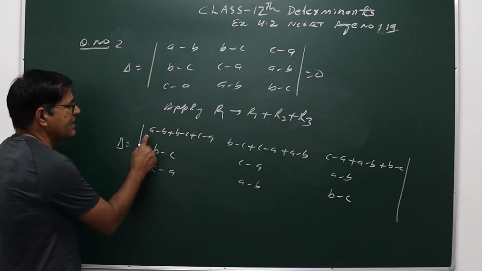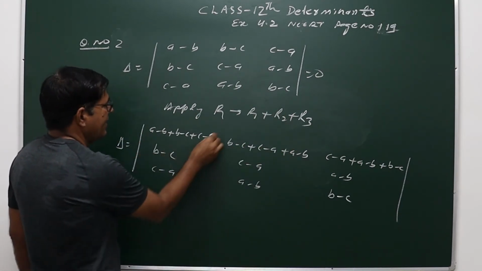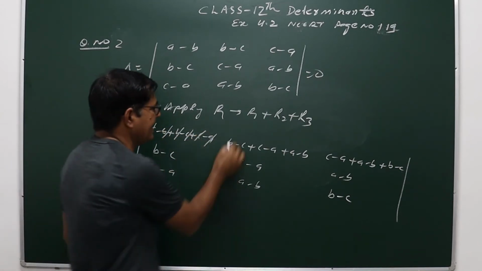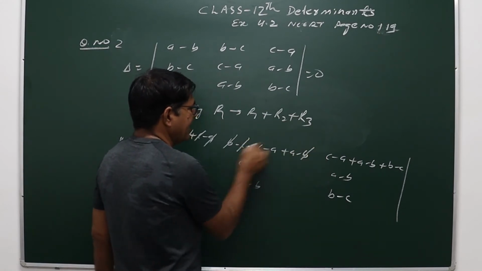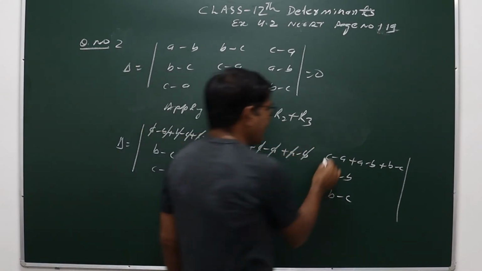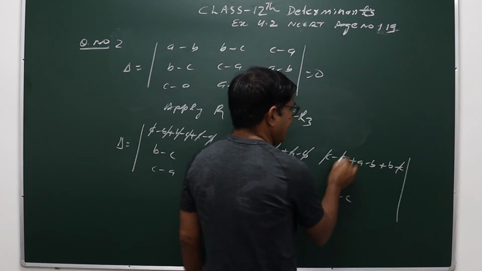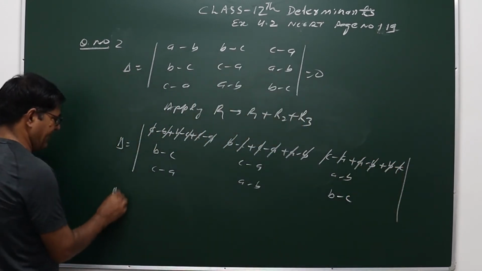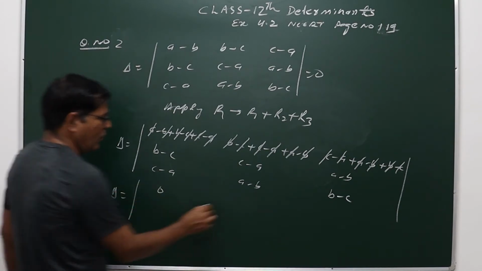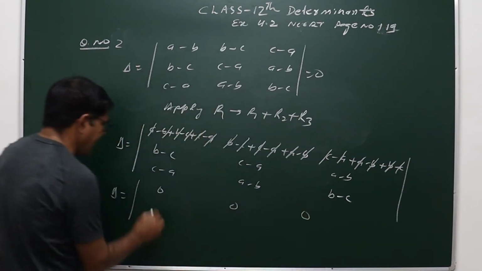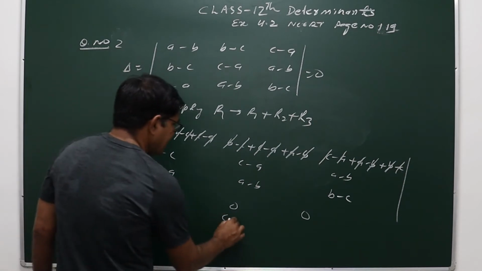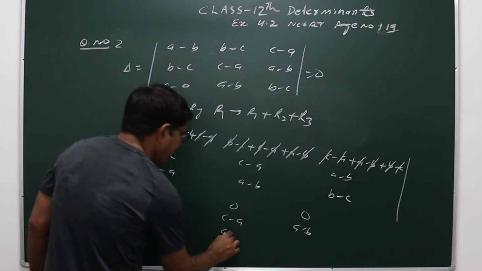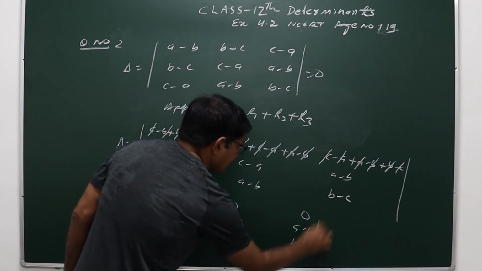Now see the first element of the first row: a minus b plus b minus c plus c minus a, which is 0. Similarly the others are 0, so the resultant determinant's first row will be 0, 0, 0.